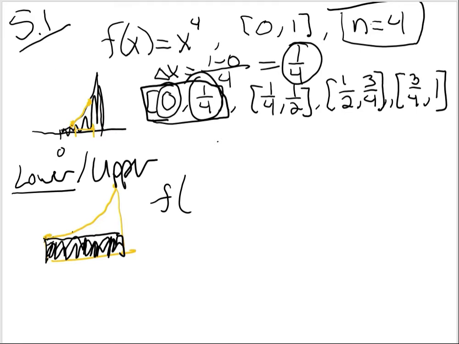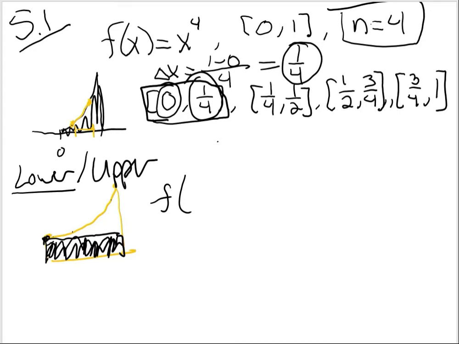Notice if I choose this endpoint, it all lies underneath. But if I choose this one, well, now I have this rectangle, and you have this little extra bit that doesn't lie underneath. And same if you choose a point up here, you'll have that other bit that doesn't lie underneath.